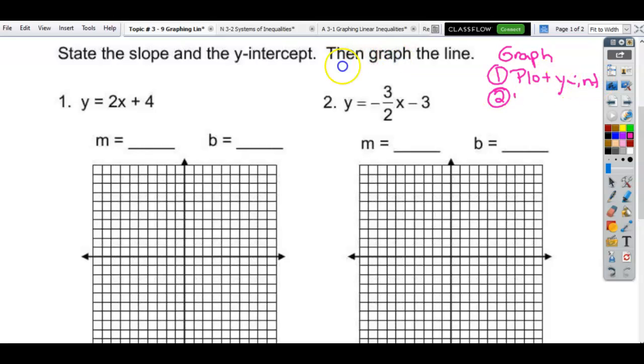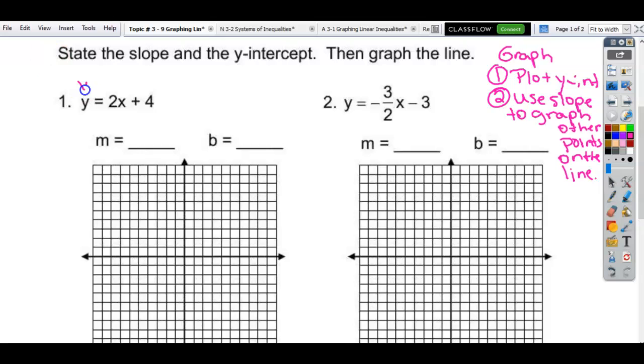Second thing you're going to do is use the slope to graph other points on the line, because the slope tells the person how to graph the other points. It's the distance between one point to another.